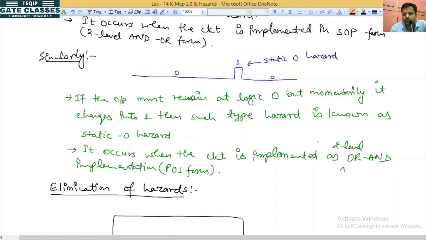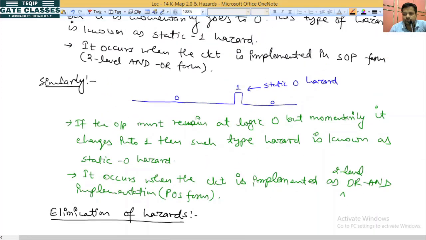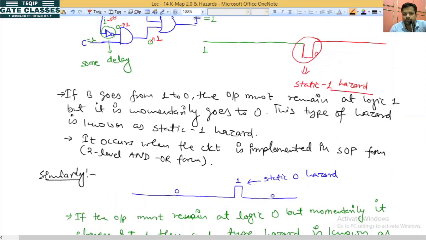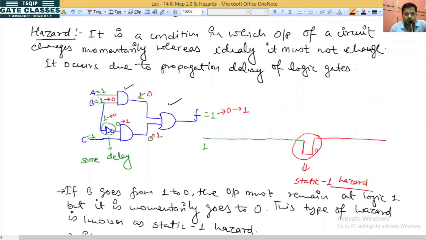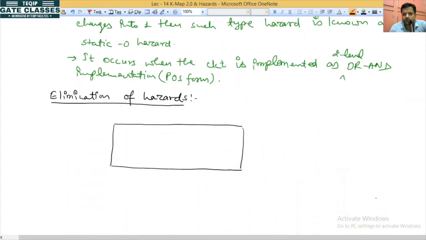The Boolean function gives AB, and this one gives B bar C, so f equals AB plus B bar C.